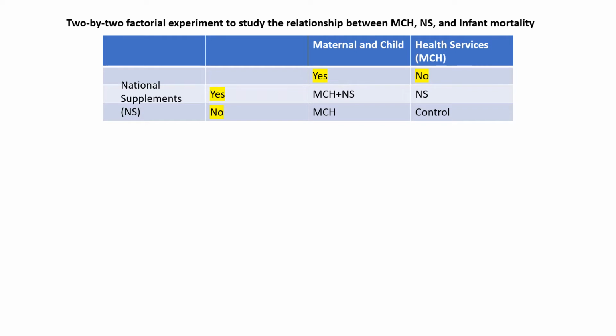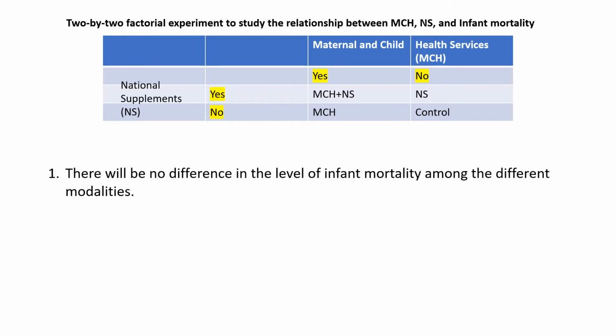So suppose you want to test the effect that different combinations of maternal and child health services, that is MCH, and nutritional supplements, that is NS, have on the infant mortality rate. Now to test this, a 2x2 factorial experimental design is adopted. There are several ways of formulating a hypothesis.